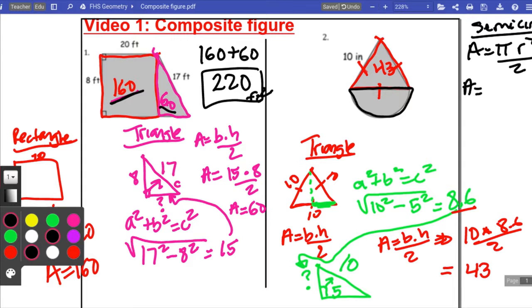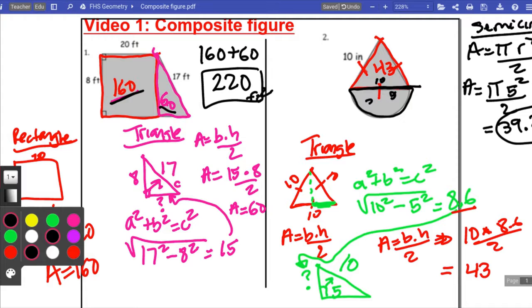So this right here is also 10, but the radius would be half of that. So that's 5. Put this whole thing in your calculator. Pi times 5 squared, divided by 2, you get 39.25.